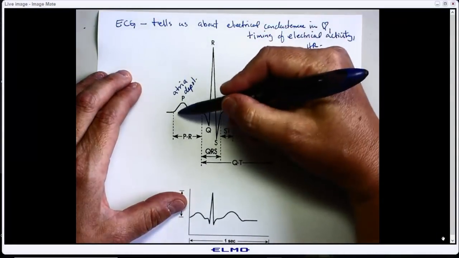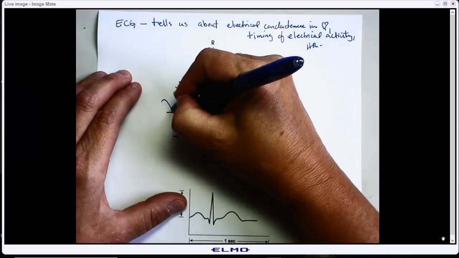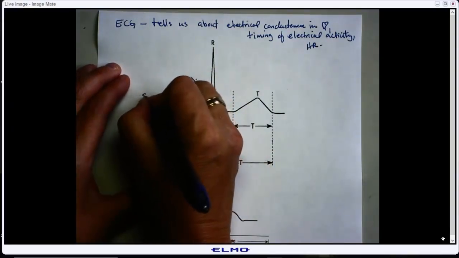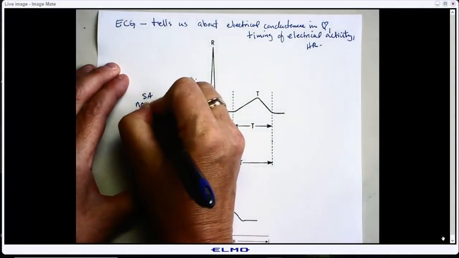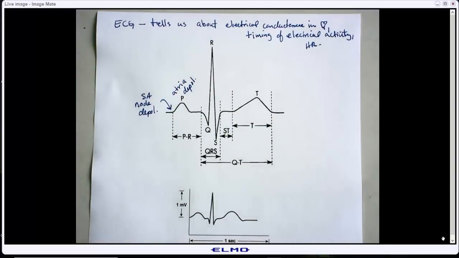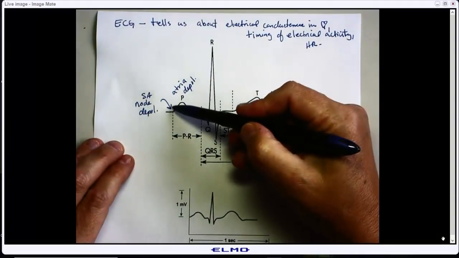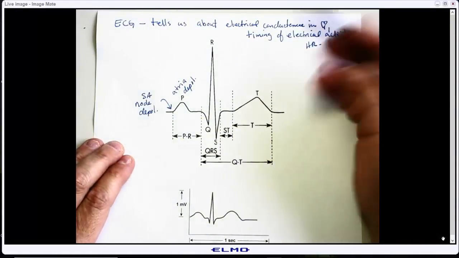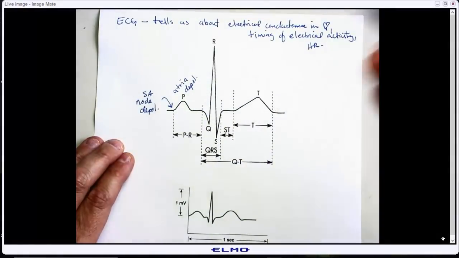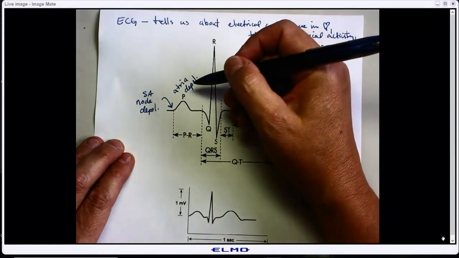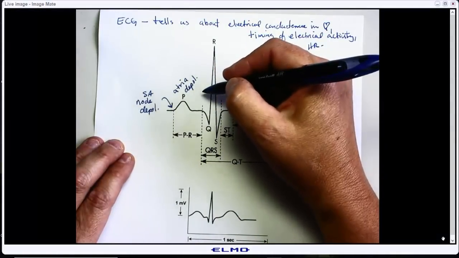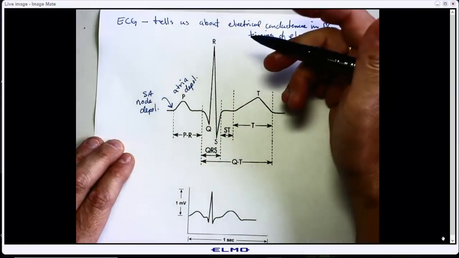So if that's atrial depolarization, then right before we see that, the SA node had to depolarize. We're not seeing a waveform associated with that in particular, but we know it had to have happened because the atria depolarized. And then after the atria depolarized, it would have handed its action potential off to the AV node, the bundle of His, the Purkinje fibers, and then we get ventricular depolarization.